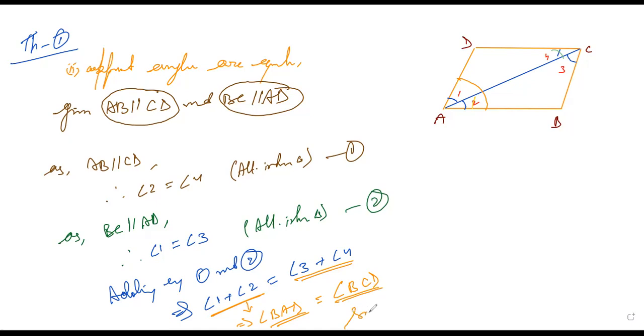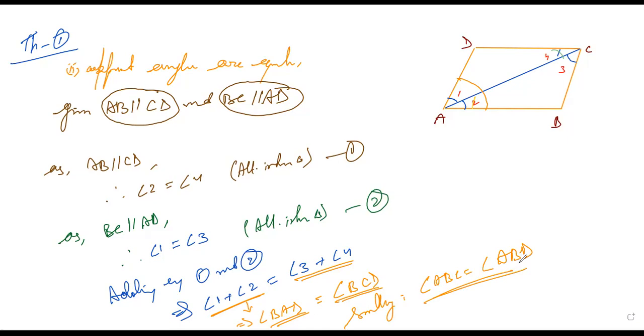Similarly, you can say that angle ABC is equal to the other side angle ABD. So like this, you can show that the opposite angles are equal in a given parallelogram.